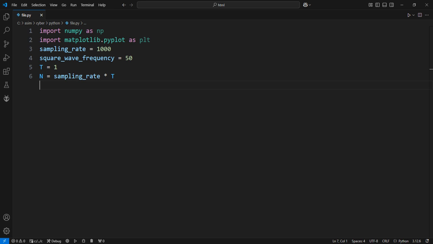Generate the time vector: np.linspace(start, stop, number_samples). We start at 0, end at T, and we need N samples in total. Time from 0 to T, 1 second, with N points.